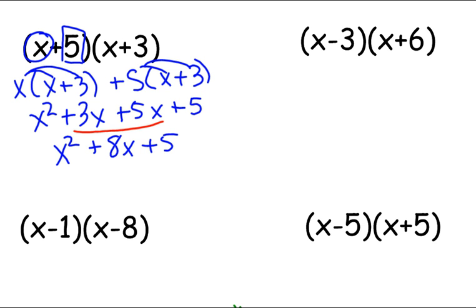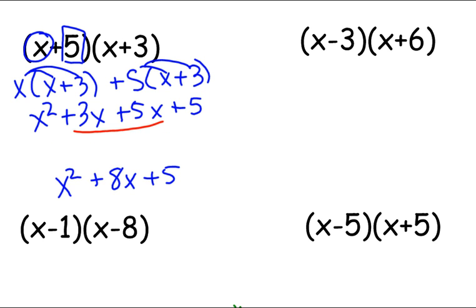Hopefully you did a lot of this in Algebra 1, in high school algebra. What we also have learned is there's a quick way to do this. We have a word that reminds us of the order, and it's called FOIL.